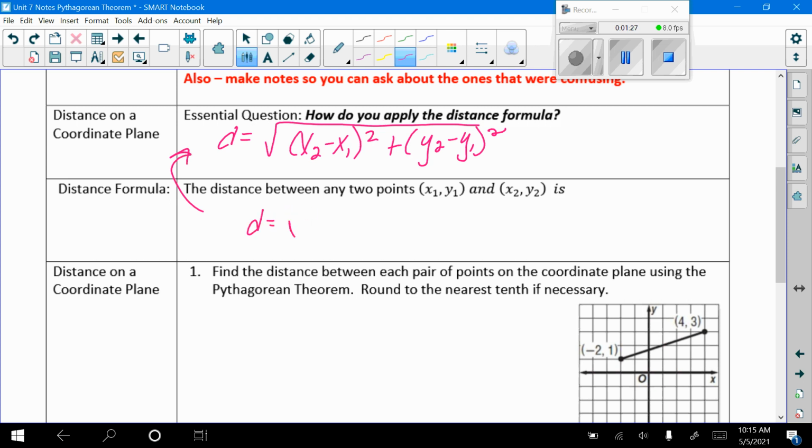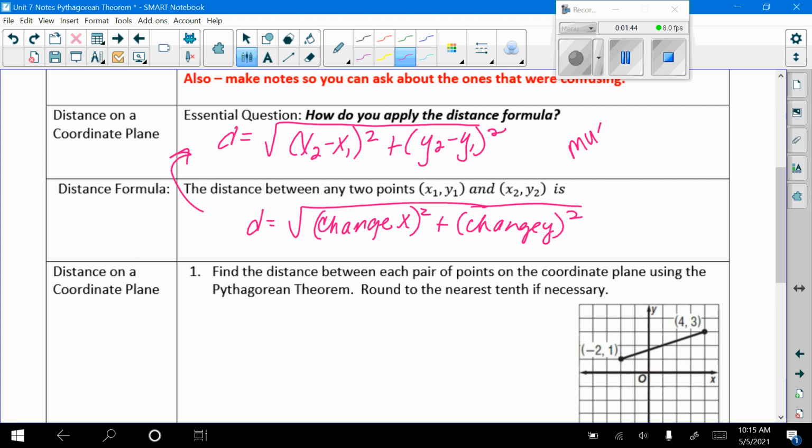Distance is equal to the square root of the change in x's squared plus the change in y's squared. Now keep in mind, you must do parentheses first, then square.